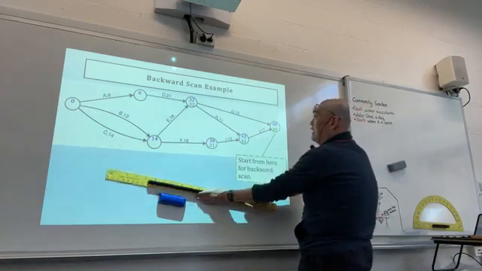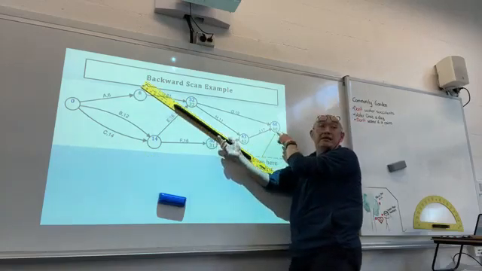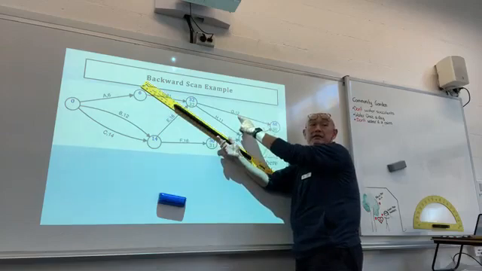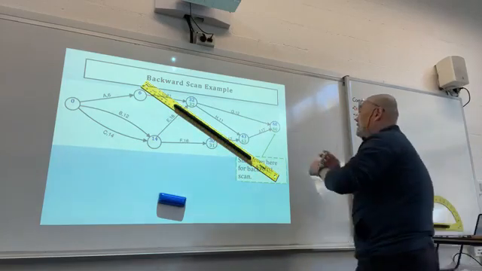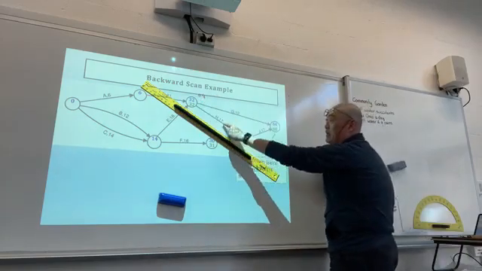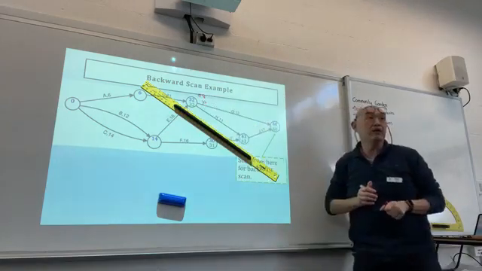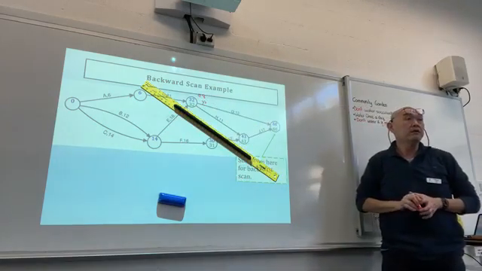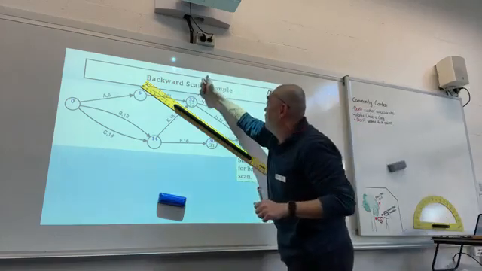Because if you look at this, I have got the latest start time here, taking away the task time, which is 12. So if 60 take away 12 is 48, and then 43 take away 11 is 32, I pick the lowest. So I go back and pick the lowest. So therefore there's 32 there.